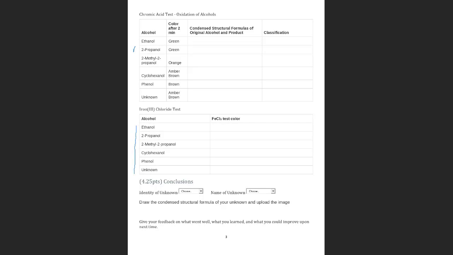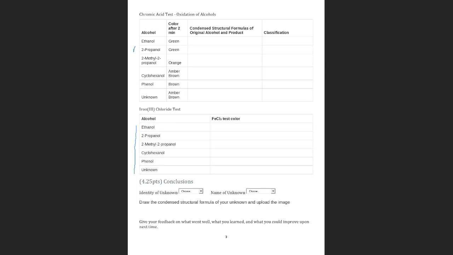The only one that is going to give you a purple is the phenol. And that's how you know it's just to identify phenols. Depending on the phenol, the color can vary from green to purple. Usually the color is purple.